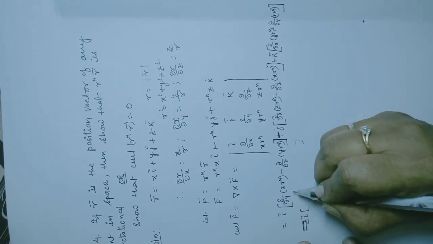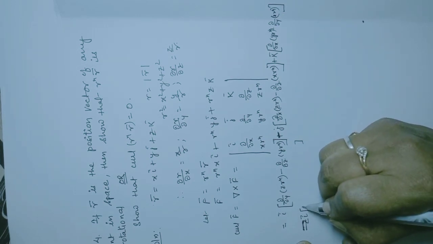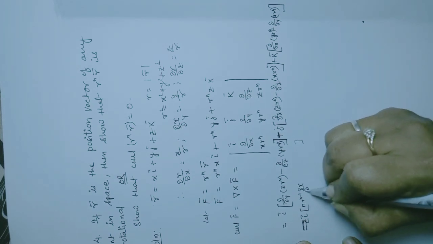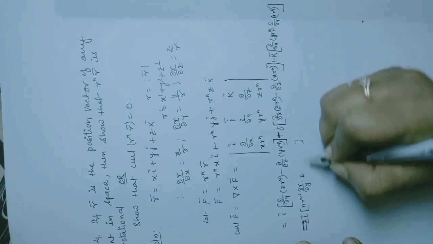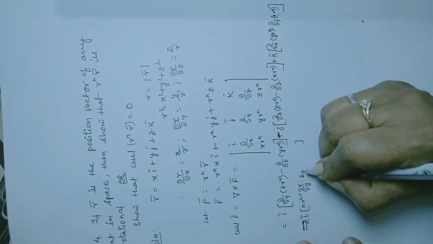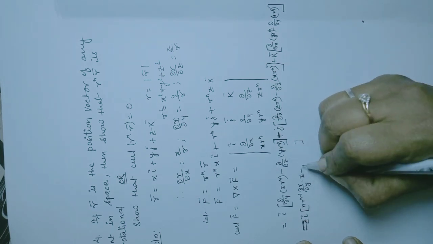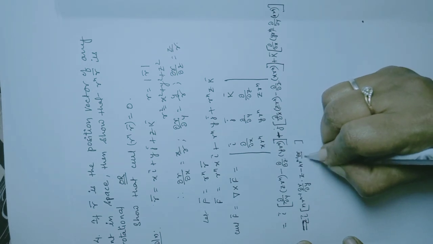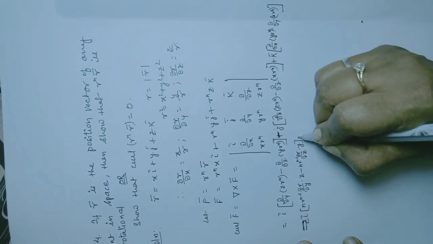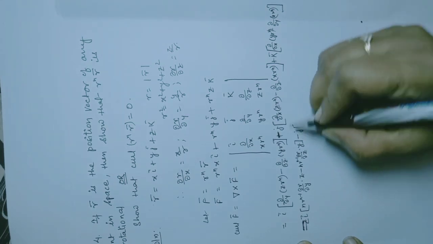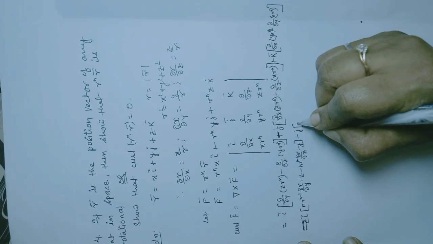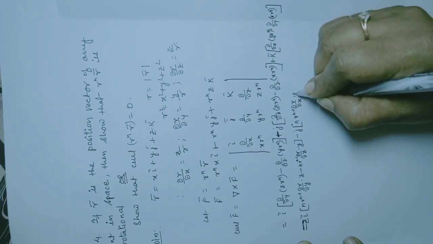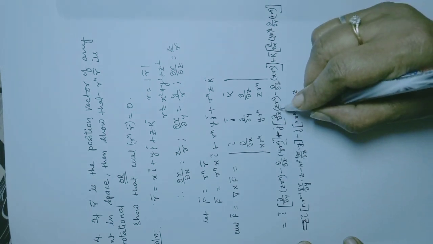So for i, this bracket gives you del by del y of this, which means n r to the power n minus 1 del r by del y into z as it is, right? And the second will be 0, minus, here you get n r to the power n minus 1 del r by del z into y as it is. Minus j times, you get del by del x of this, which means n r to the power n minus 1 del r by del x into z as it is.